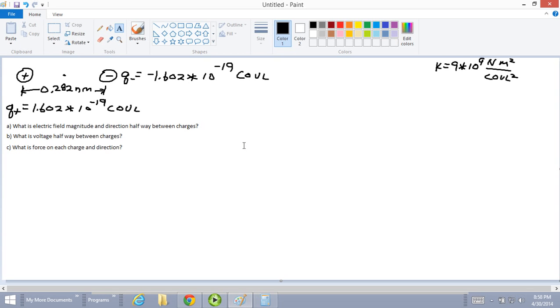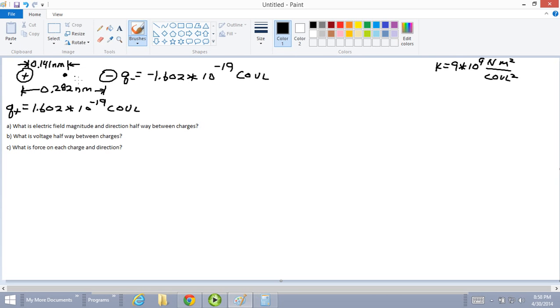Next problem, electrostatics. We want to know the magnitude and direction of the electric field at a point halfway between the two charges. In other words, it's 0.141 nanometers between the halfway point.